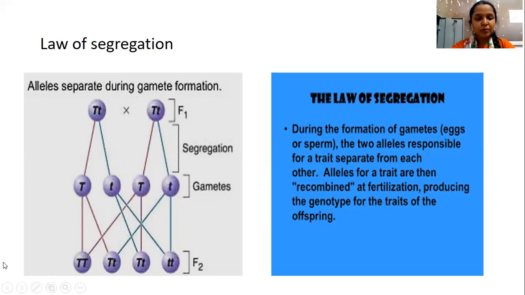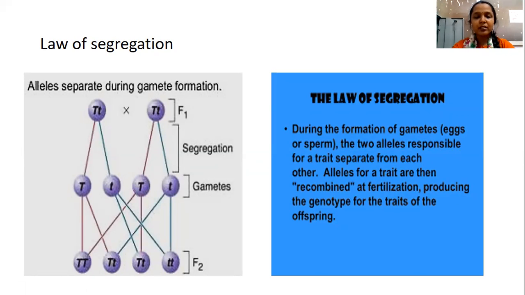So again, there will be combinations in the F2. Because of the segregation of these genes, the dominant and the recessive genes segregate so purely and clearly that we can expect all four combinations in the F2 generation. So this explains the law of segregation. During the formation of the gametes, the two alleles which are responsible for a character or a trait will segregate in a pure line.